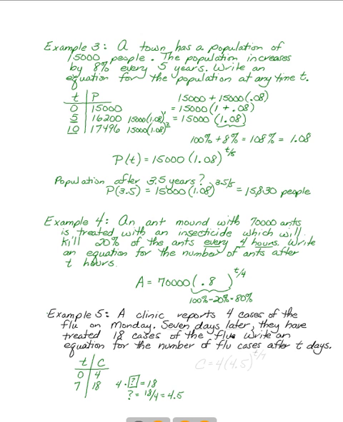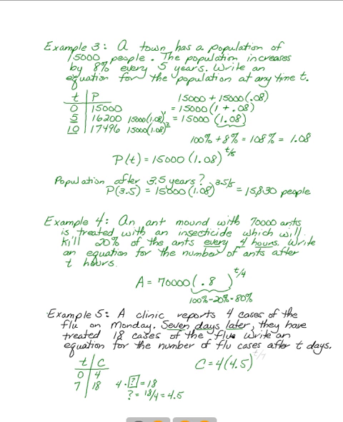So if we go to write our equation for cases, again, we want to start with the number of cases. The 4 is the number of cases we started with. Our multiplication factor is 4.5. That's how quickly our number of cases is changing. And how long did it take for that to happen? If we read back up at our problem, it said it was 7 days later.